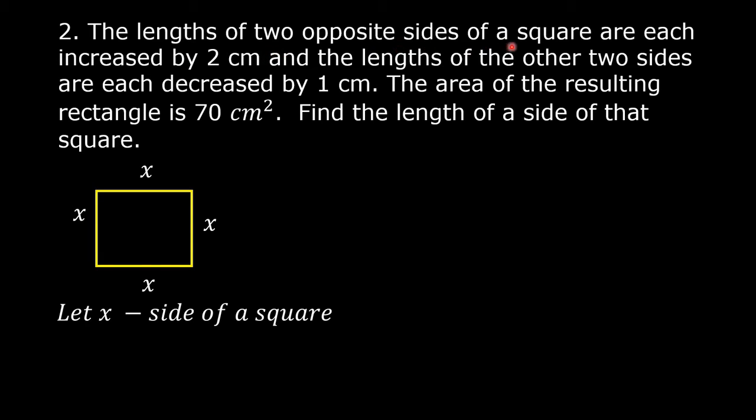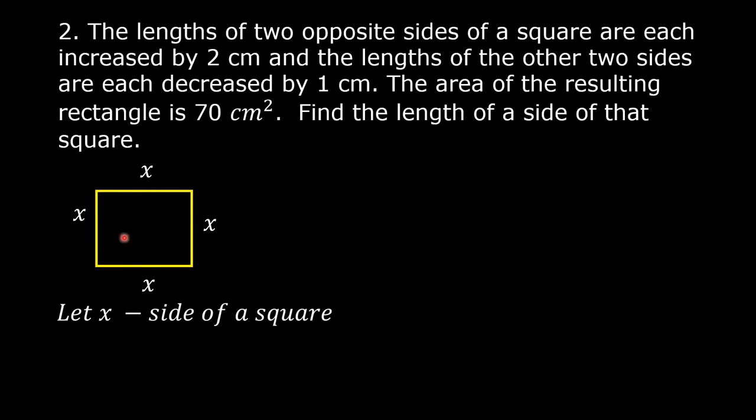Two opposite sides of a square are each increased by 2 centimeters. Let us say these are the two sides. So this is increased by 2 centimeters, and this is also increased by 2 centimeters. And the other two sides are each decreased by 1 centimeter.